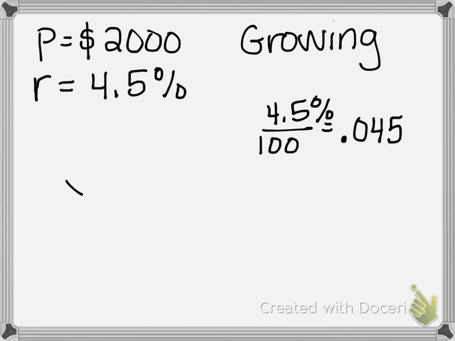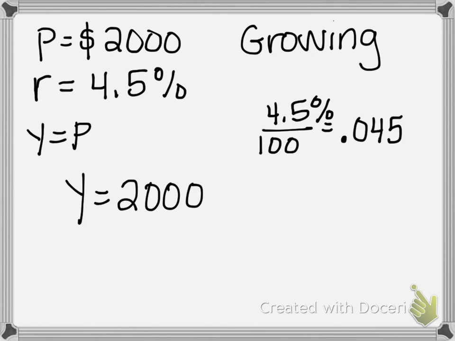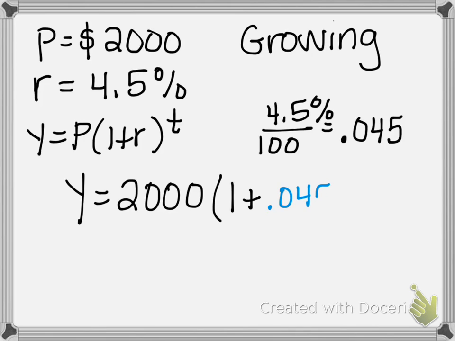So we're going to plug in what we know. So we're going to plug in 2,000, because remember, our formula for growth is y equals p times 1 plus r raised to t. So this is going to be 1 plus, and right here is where I'm going to put that rate. So my rate is 0.045.